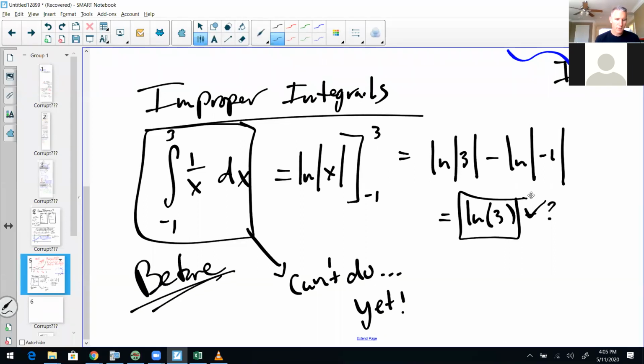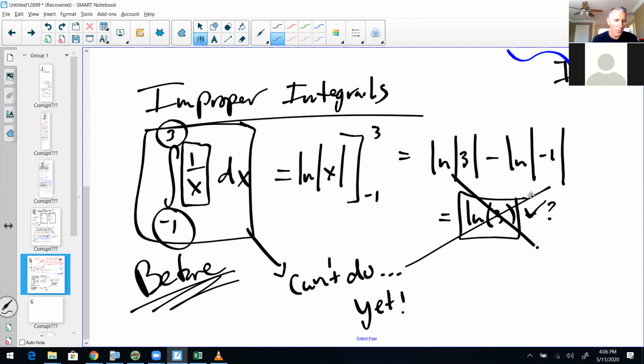That was not correct. That ln of 3 is not correct. It's not correct because the integrand is not continuous on the entire interval from -1 to 3, right? Namely, it's not even defined when x is equal to 0.